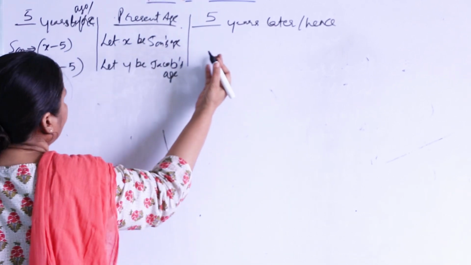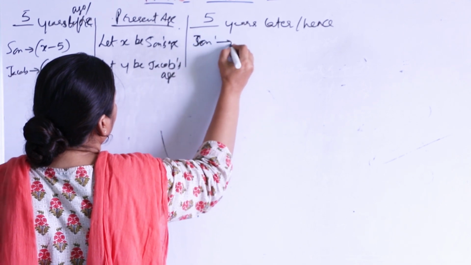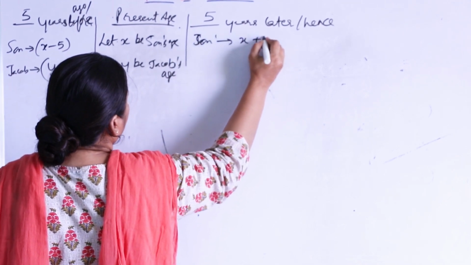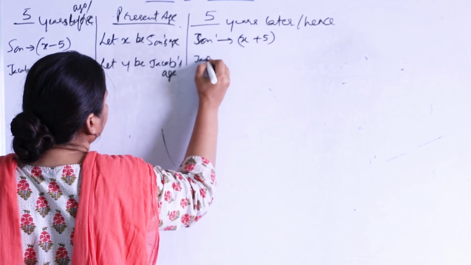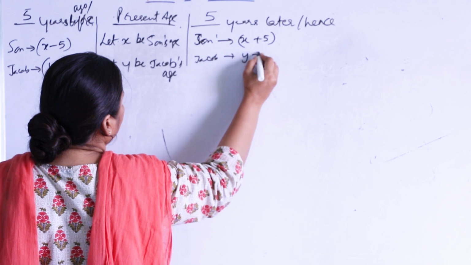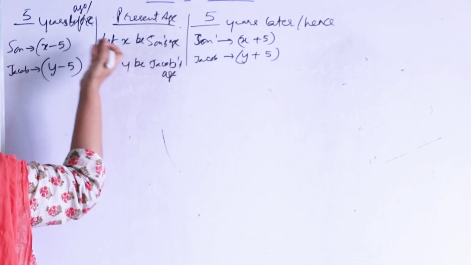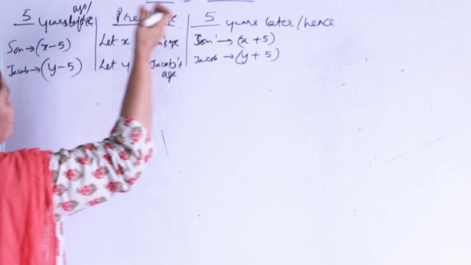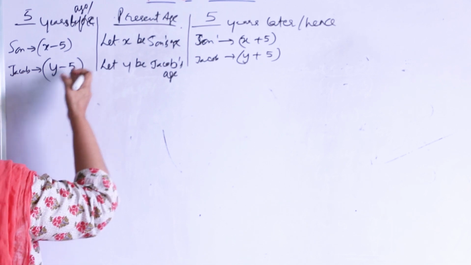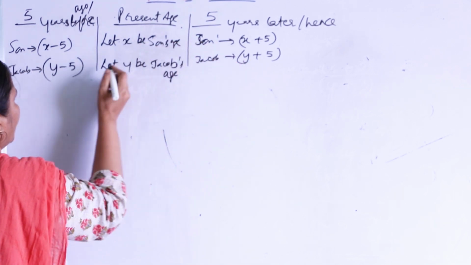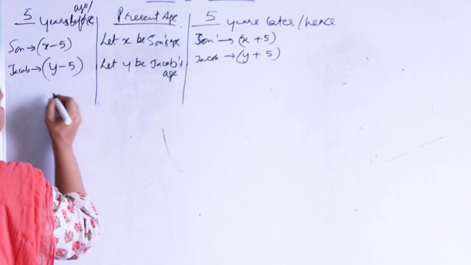After 5 years, son will be X plus 5, Jacob will be Y plus 5. Very simple. Now let us start applying the conditions here.